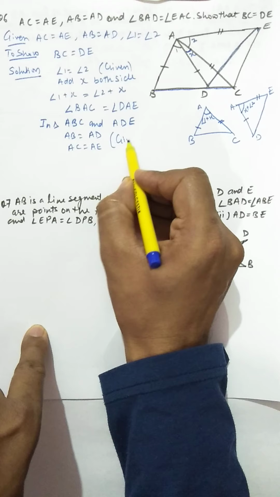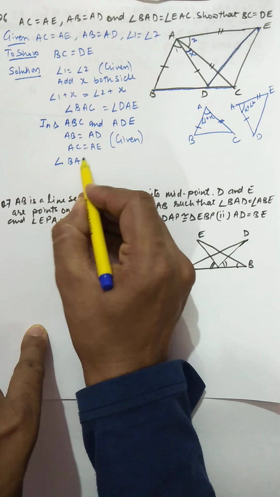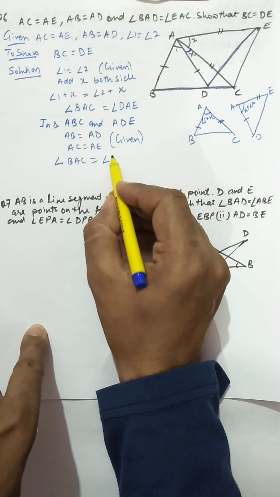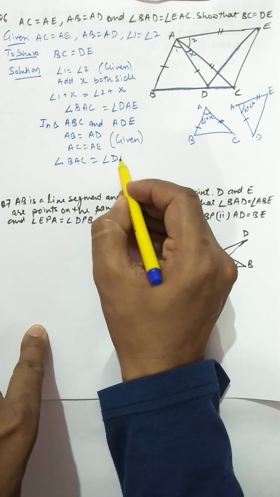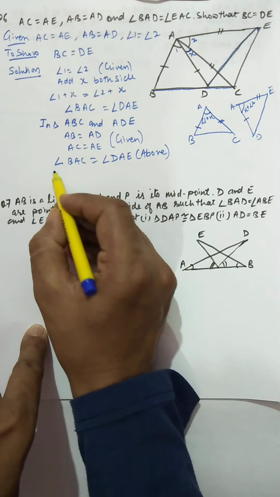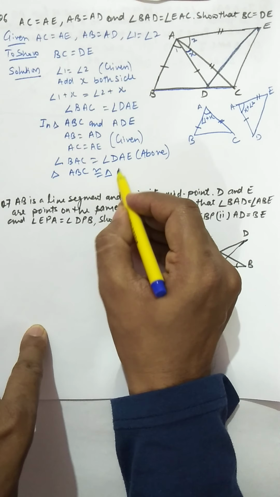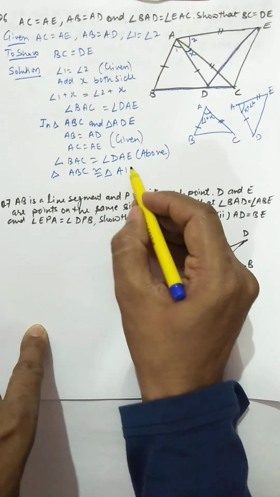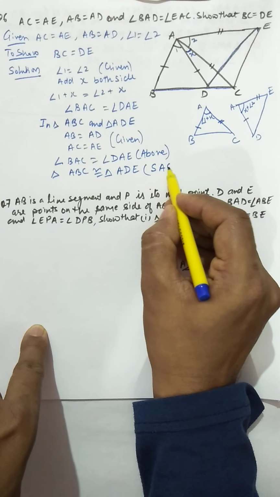These two pieces of information are given, and angle BAC is equal to angle DAE. So these two triangles, ABC will be congruent to triangle ADE, and the criteria is SAS.